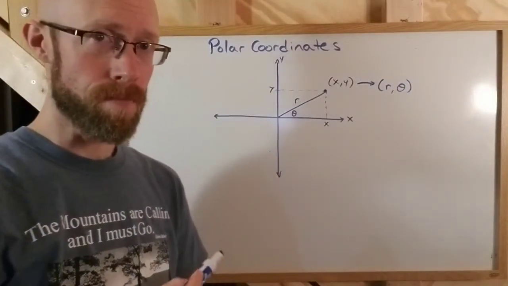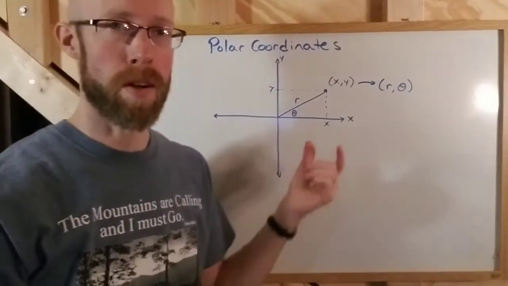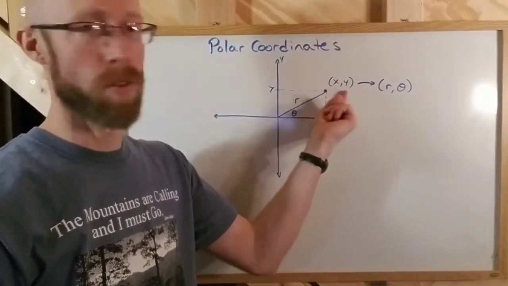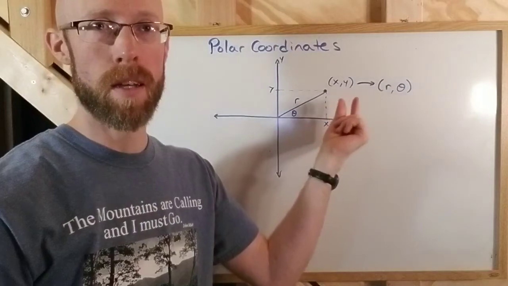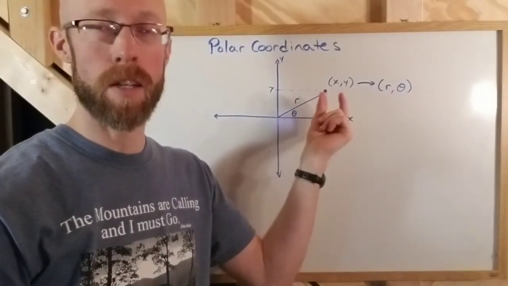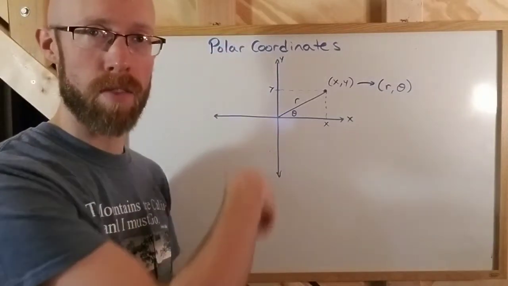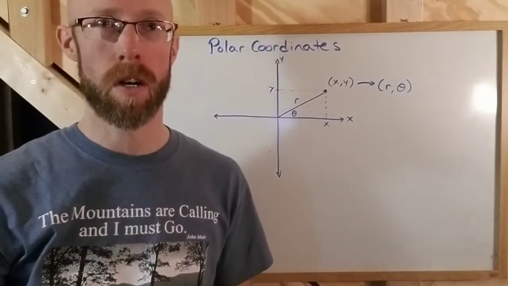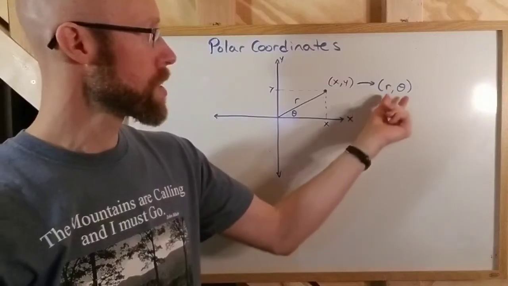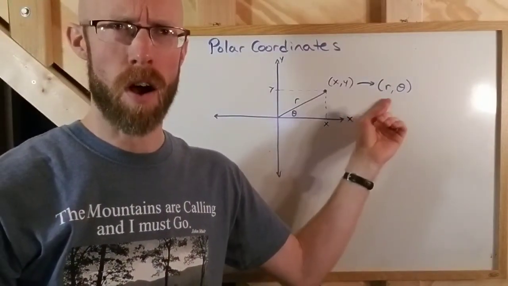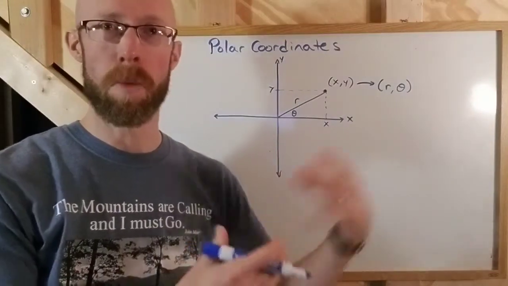Now, with ordered pairs, you want to have the potential for any real number to be in the coordinates, right? So for x and y, you have all real numbers as possible values. Same for r and theta. Now, you might ask, how do you get negative values for r? We know r can be 0 or positive.